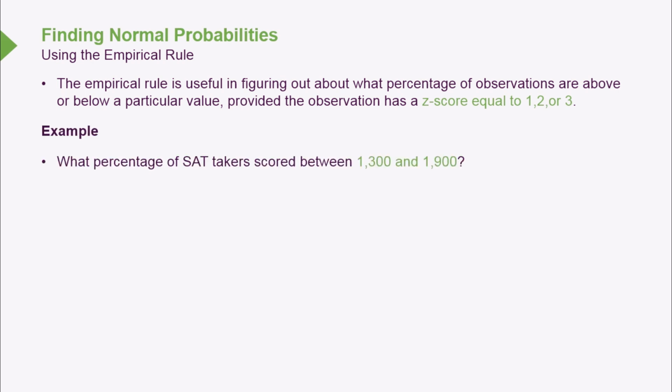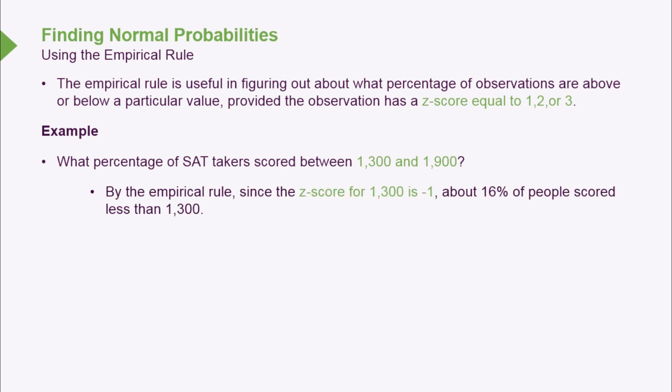So for example, what percentage of SAT scores are between 1,300 and 1,900? Well, by the empirical rule, the z-score for 1,300 is -1, so about 16% of people scored less than 1,300. The z-score for 1,900 is 2, so by the empirical rule, about 2.5% of people scored above 1,900.